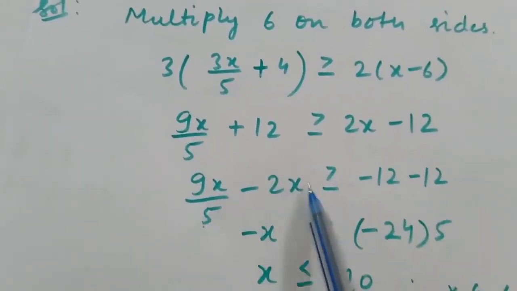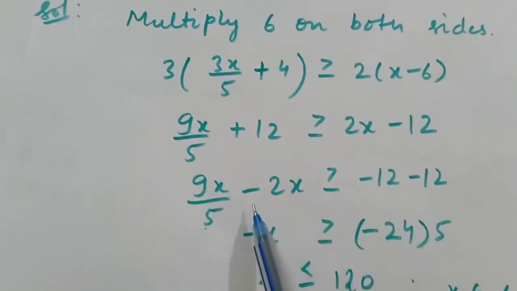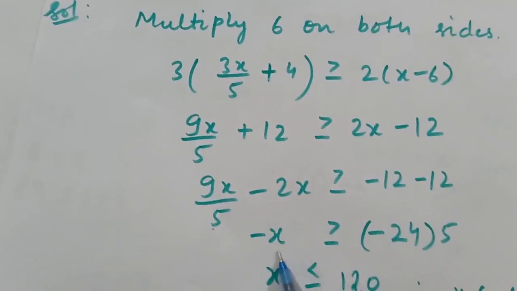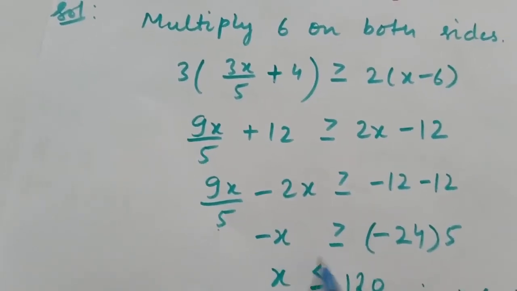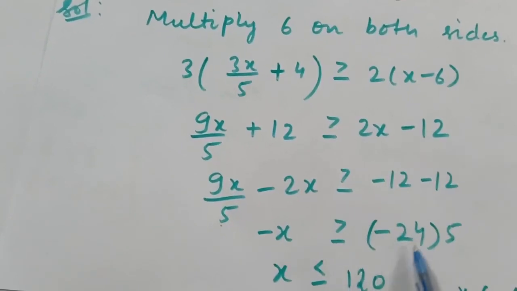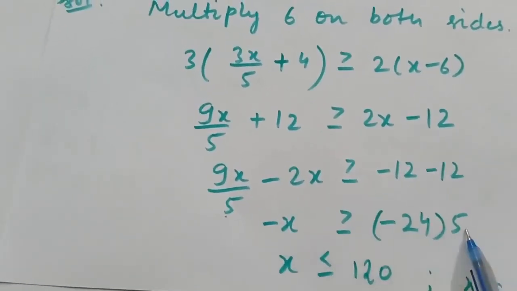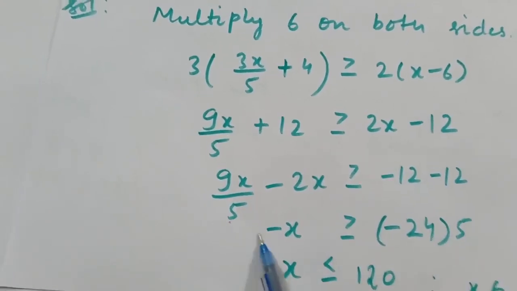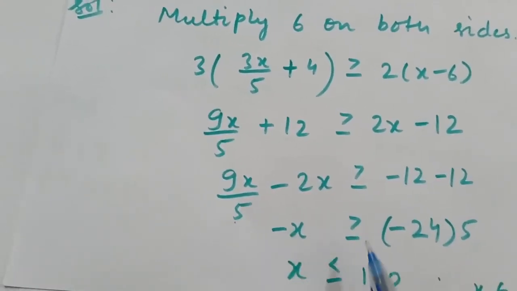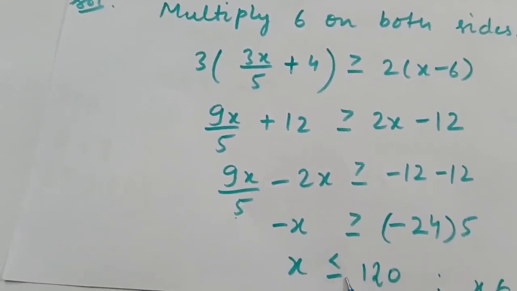Now when you solve it taking LCM, (9x - 10x)/5, which will be -x/5, taking that 5 to this side, and here -12 minus 12 is -24. When you multiply it, you will get -120, right? As minus is here also, the sign of the inequality will change when we multiply it with -1.